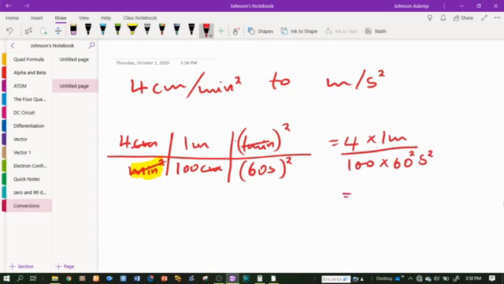So that will be equal to, let's press the calculator. So pressing the calculator, 4 divided by 100 divided by 60 square.